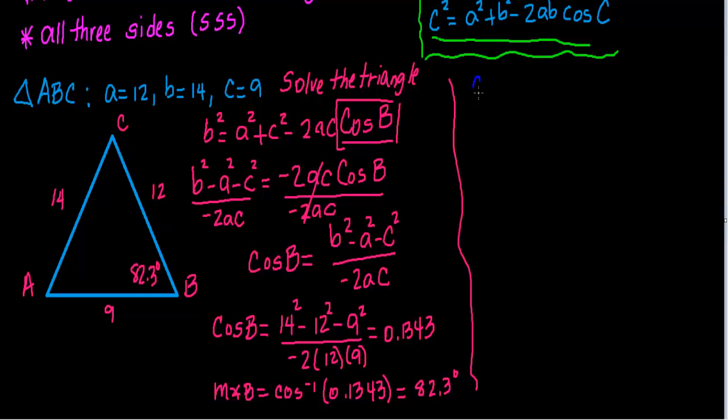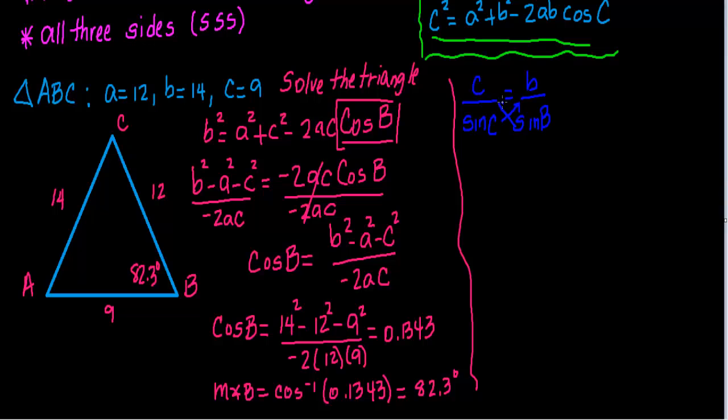So to find angle C, I'm going to write C over sine of C equals B over sine of B, because that's the information I have available. To isolate sine of C, I'm going to cross multiply.